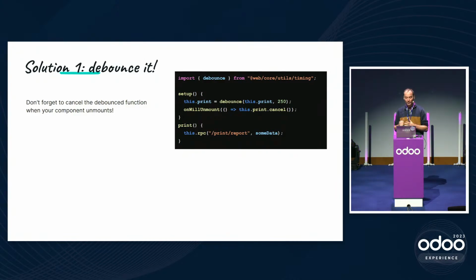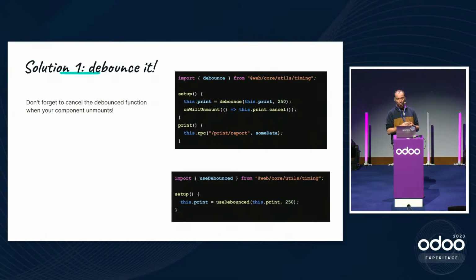You just need to be sure that you cancel all pending actions when you unmount your component, or otherwise you may encounter some trouble. And to do that in an easier way, you can use a specific hook that you can import from web core utils timing again, and it's called useDebounced.